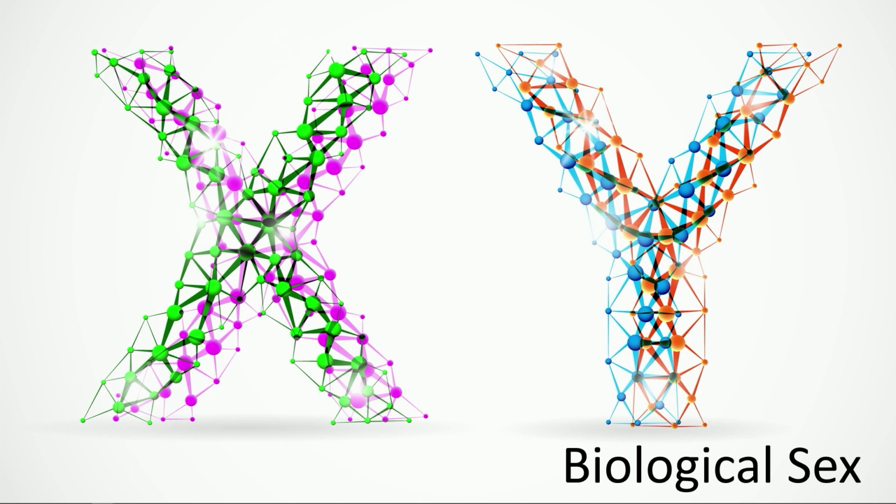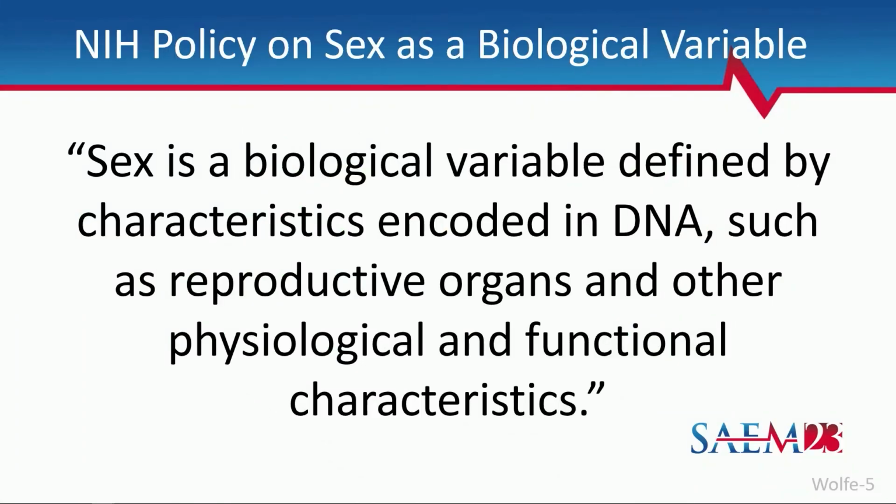So when we talk about biological sex, we are talking about the physiologically innate differences between males and females, including their chromosomes, their hormones, their anatomy. From the 2016 definition of the NIH policy on sex as a biological variable, sex is a biological variable defined by characteristics encoded in DNA, such as reproductive organs and other physiological and functional characteristics.